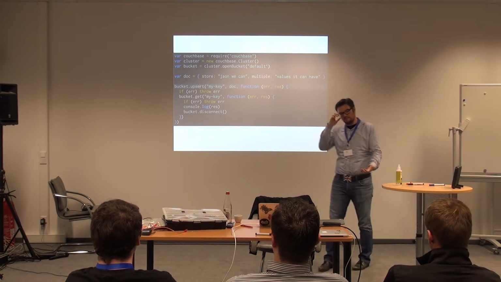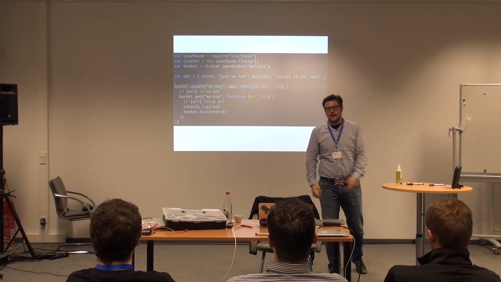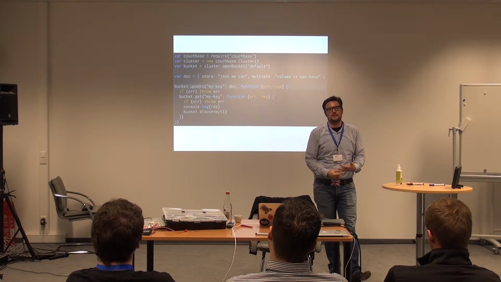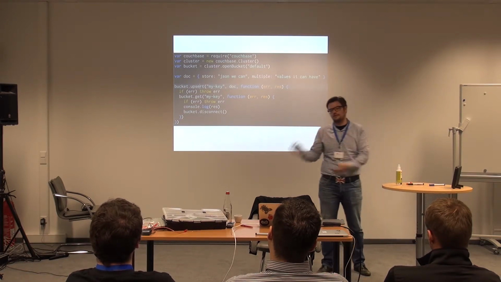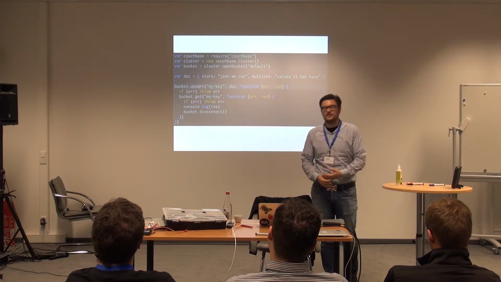A bucket is just a bunch of data. You can think of it kind of like your database in MySQL, which can have a lot of different tables. In our case, it's a lot of different documents with a lot of different types. The bucket is really about resource allocation.